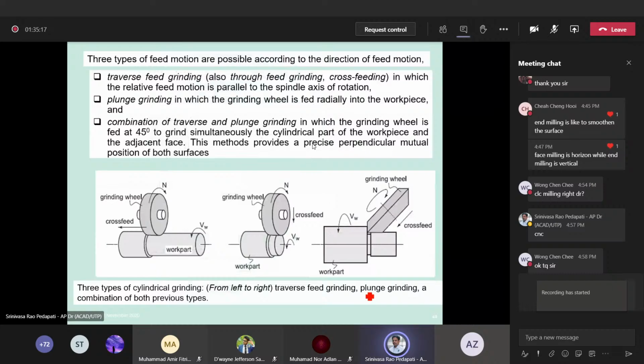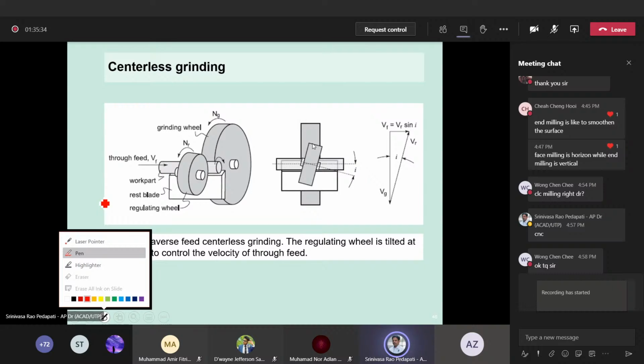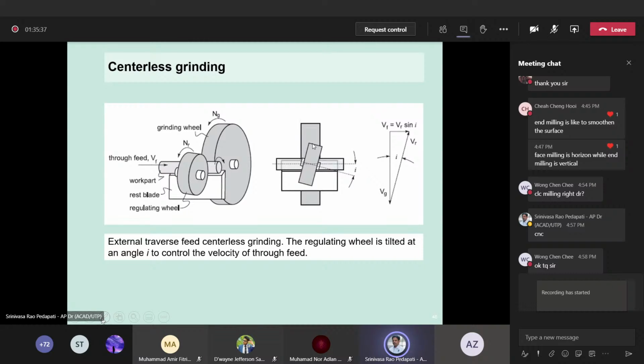Before going to that, we have some definitions here for the speed motion and all. Let me show you centerless grinding and we can come back. So centerless grinding means this one. Here the workpiece is held between two rotating wheels.